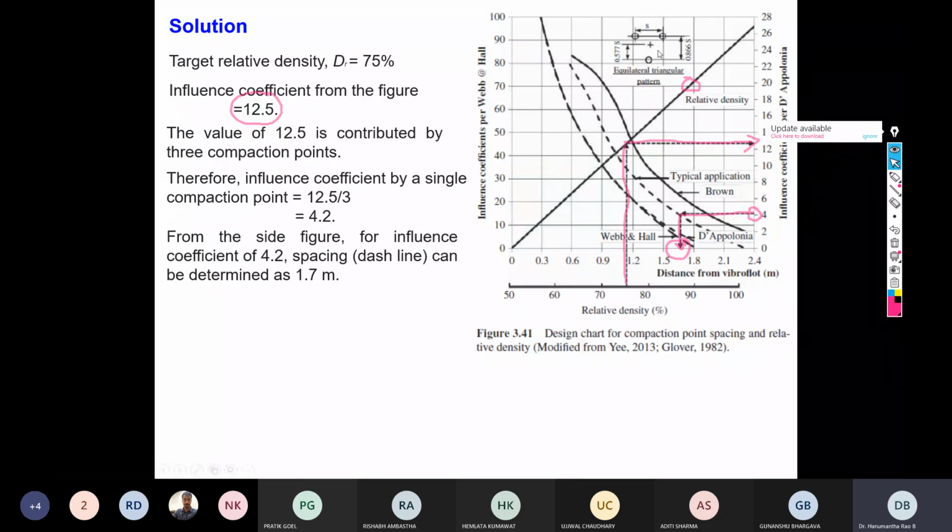So this is how we should use the chart for determining the optimum spacing. Now, if you look at the chart carefully, at the triangular pattern, there are other parameters also given, where S is the spacing between the centers of two probe locations. This is an equilateral triangular pattern. Suppose you want to calculate the vertical height, that is 0.866 times S, where S is 1.7.